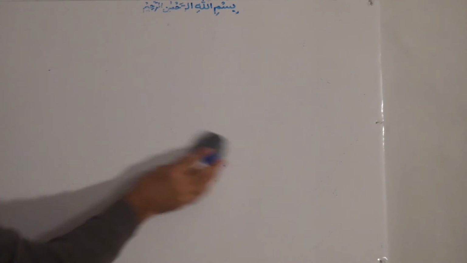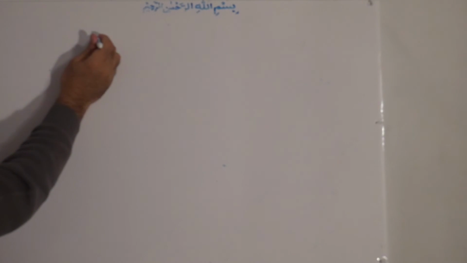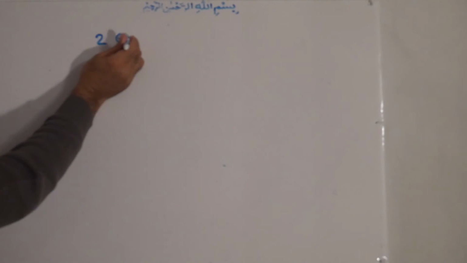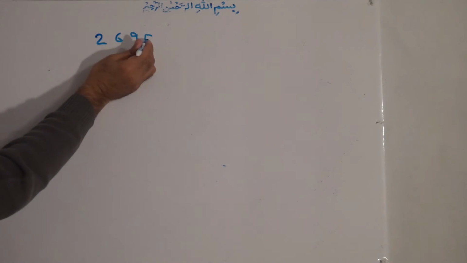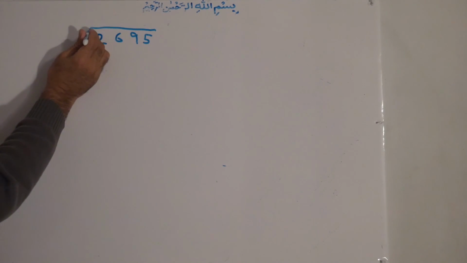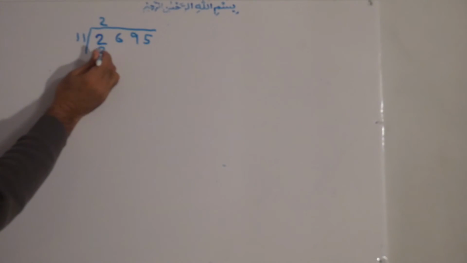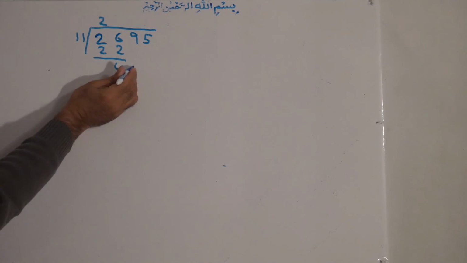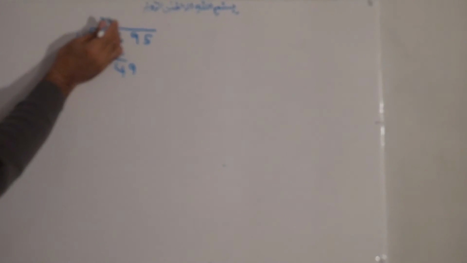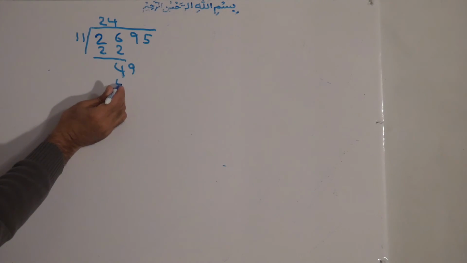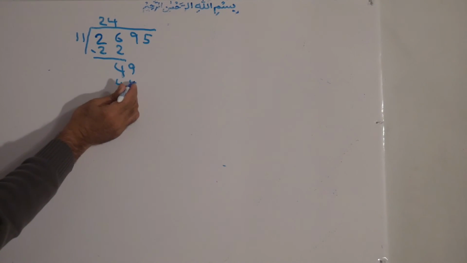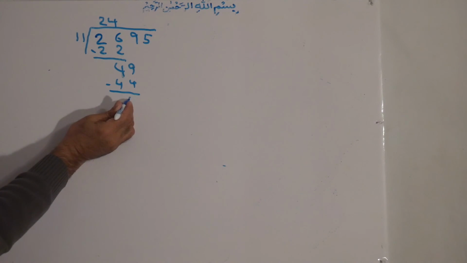Now we test whether this is correct or not. 2695 divided by 11. 2 times 11 is 22, remaining 4, 9. 4 times 11 is 44, remaining 5.